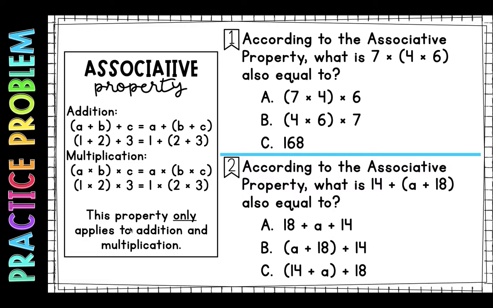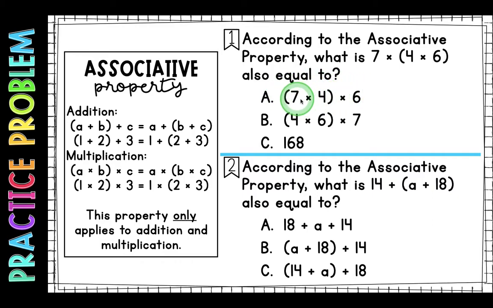All right, let's just quickly go over. The associative property is all about regrouping and grouping numbers with parentheses. So it says that it doesn't matter how we group the numbers, we'll still get the same result. So we're looking for number sentences where the terms are still in the same order, but they're grouped differently. So for this first one, the correct answer would be A. I haven't changed the order of my numbers.